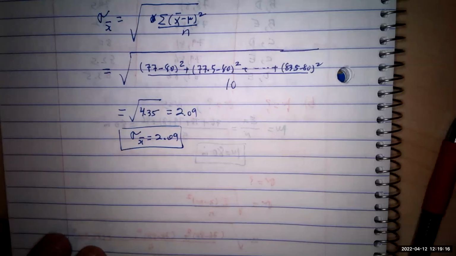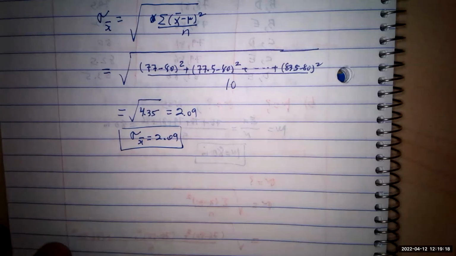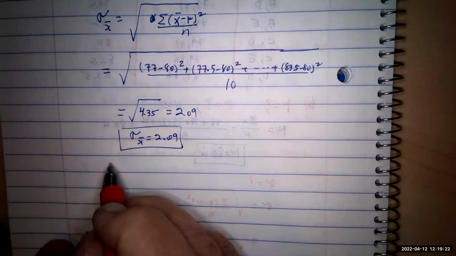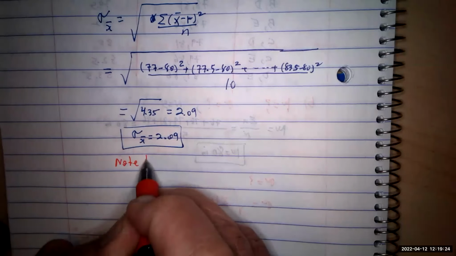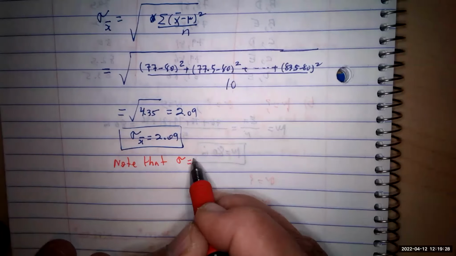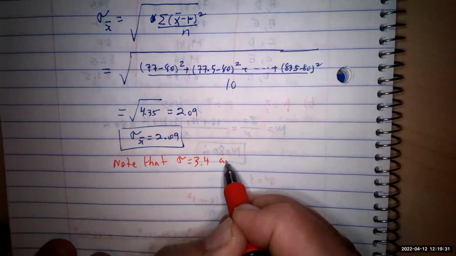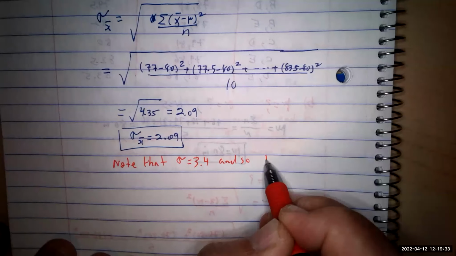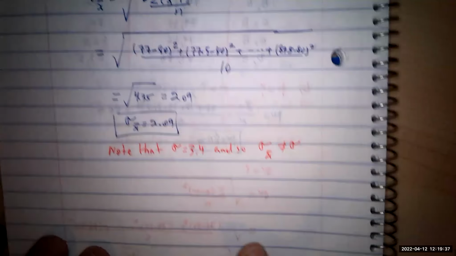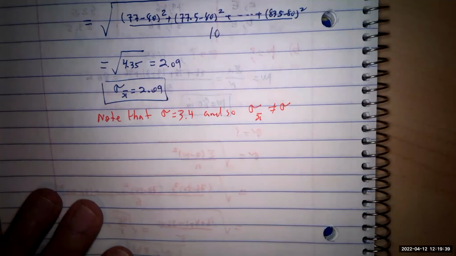But this is different from the standard deviation that we have originally. Note that the original one was something like 3.4, so sigma of X bar is not equal to sigma. It's going to be different.